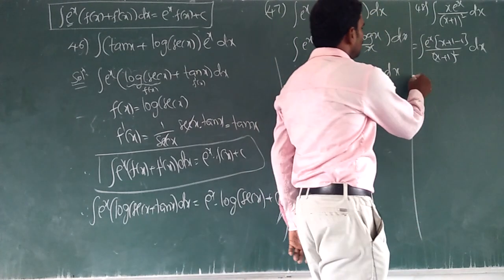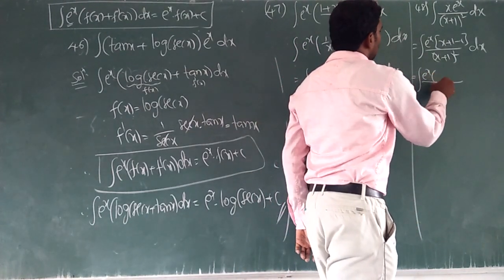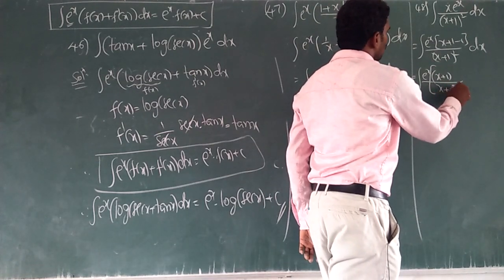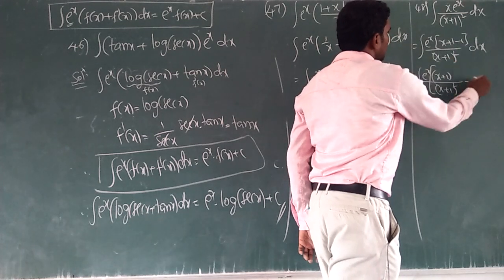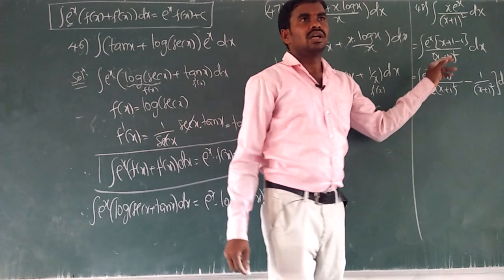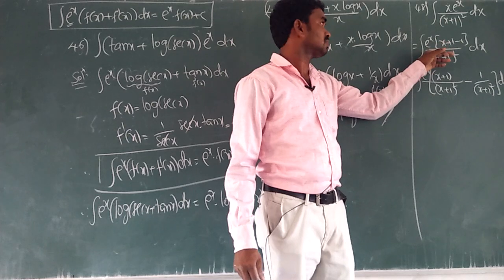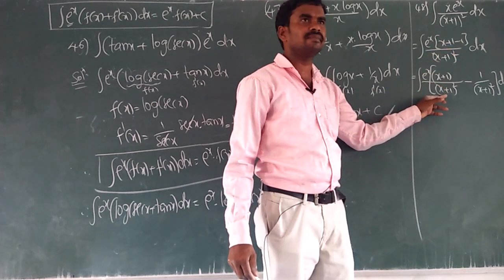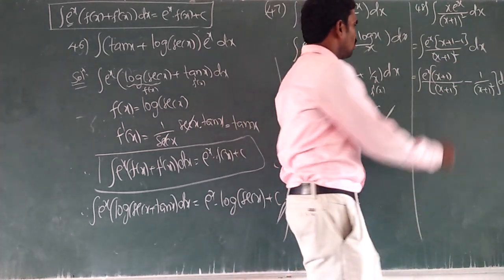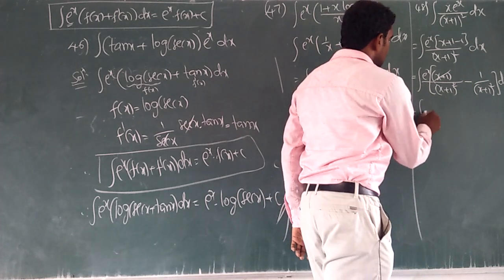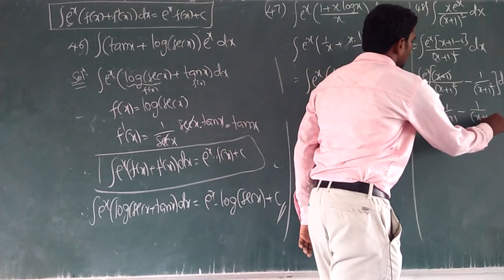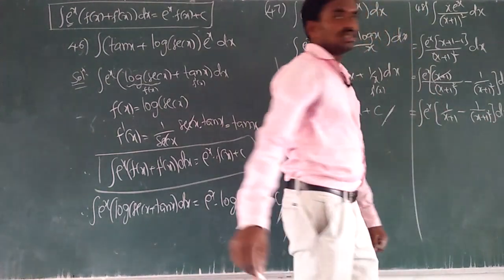So which is equal to e power x of x plus 1 by x plus 1 whole square minus 1 by x plus 1 whole square. So here it is split: x plus 1 by x plus 1 whole square minus 1 by x plus 1 whole square. Now x plus 1 cancels. So it becomes e power x of 1 by x plus 1 minus 1 by x plus 1 whole square dx.